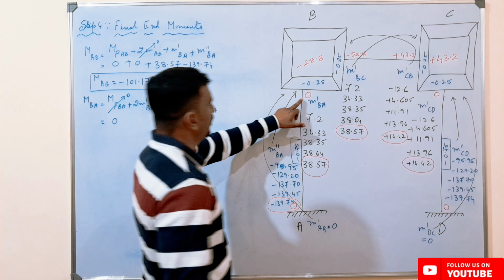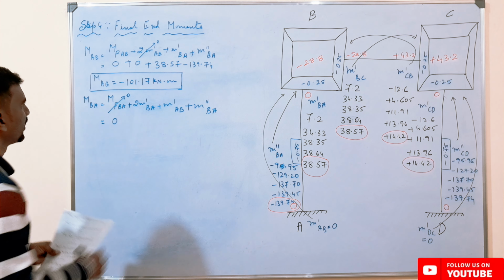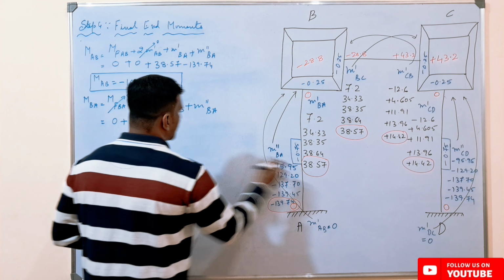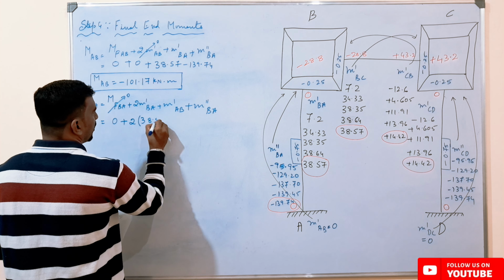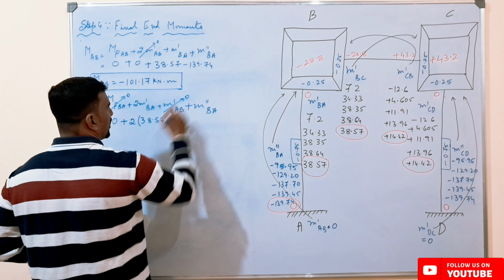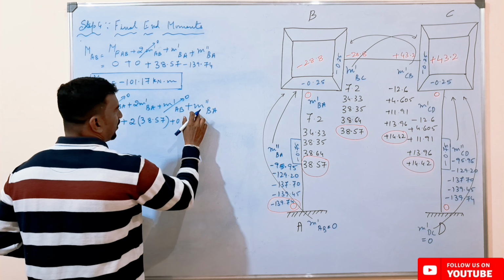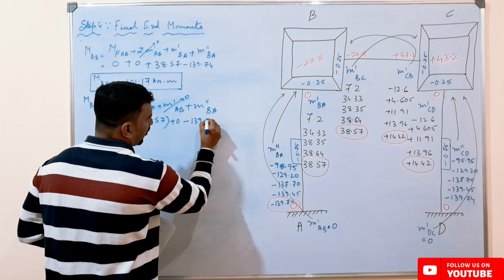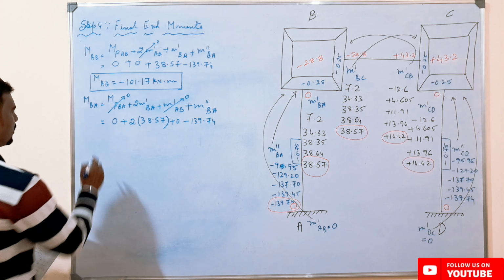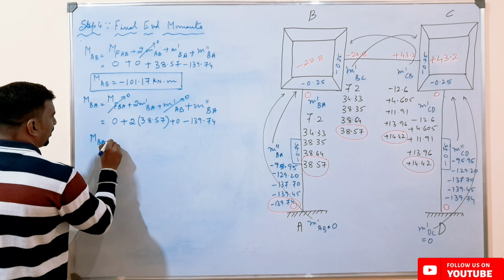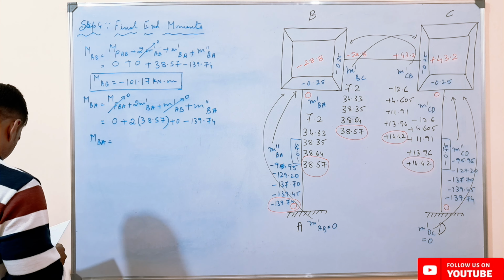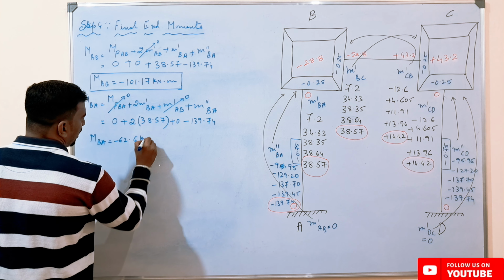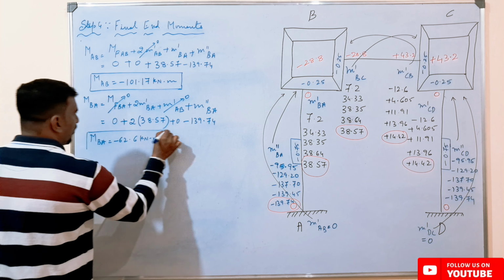The fixed end moment from B to A we have calculated, that is 0, plus 2 times the rotation contribution about the near end, M dash BA, that is 2 into 38.57. This value is 0. And M double dash BA we have calculated, that is minus 139.74. So MBA will have a value of minus 62.6 kilonewton meter.